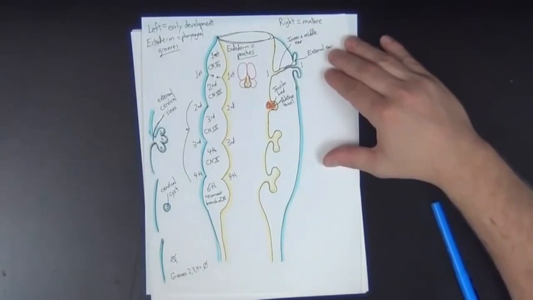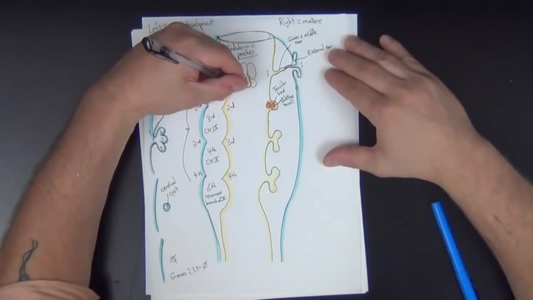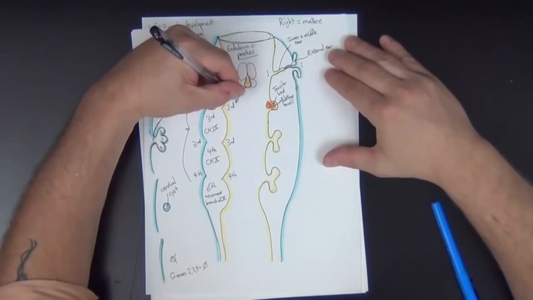This structure is referred to as the thyroid diverticulum.